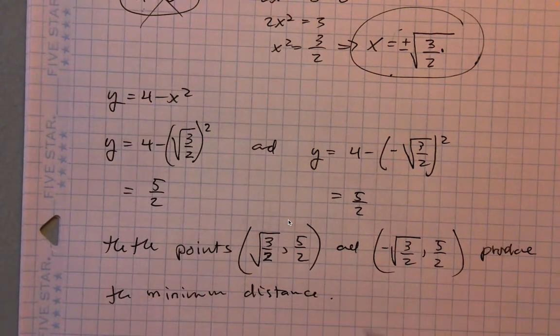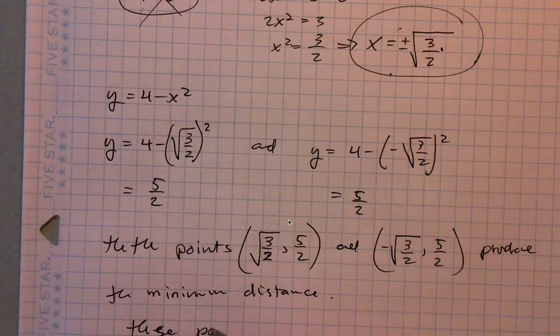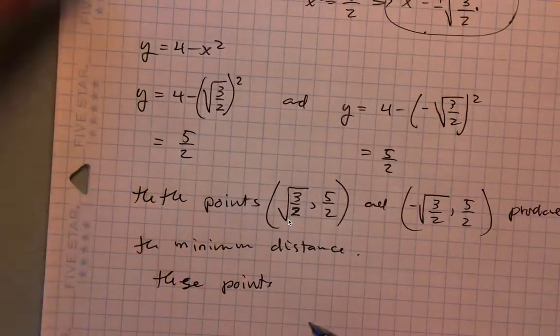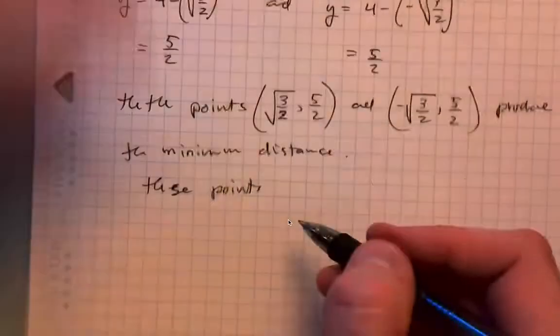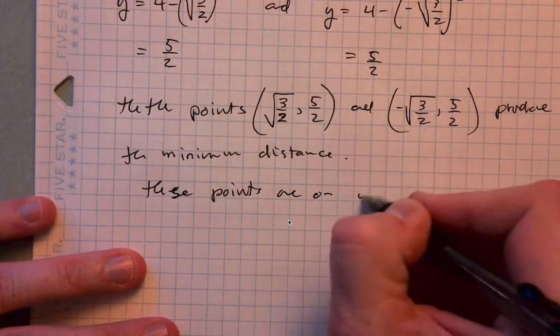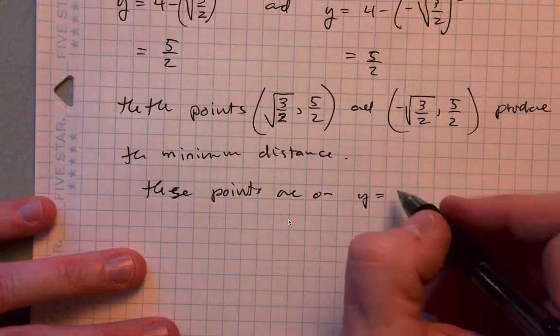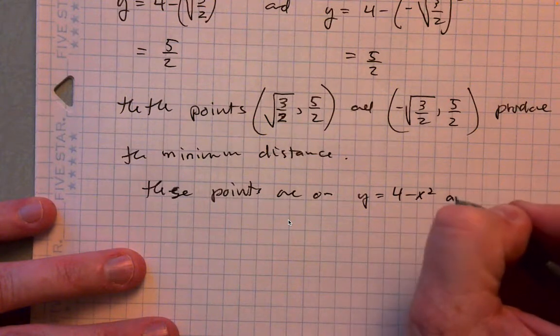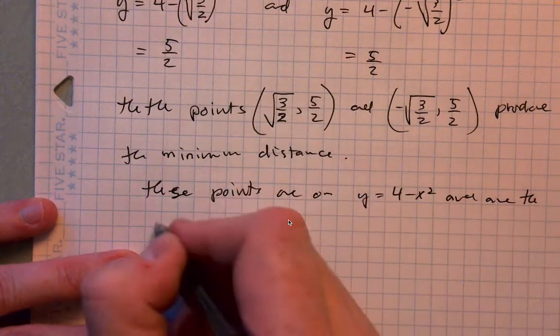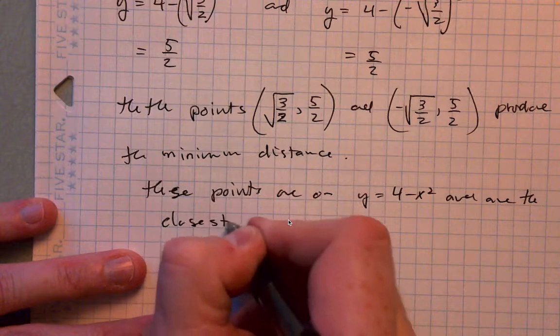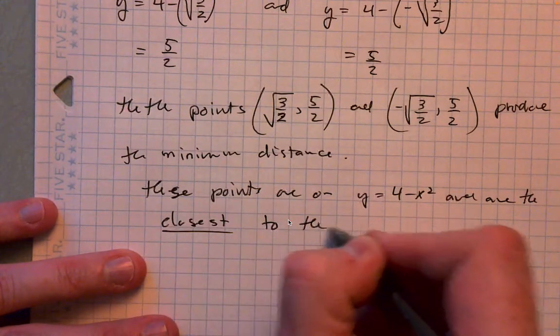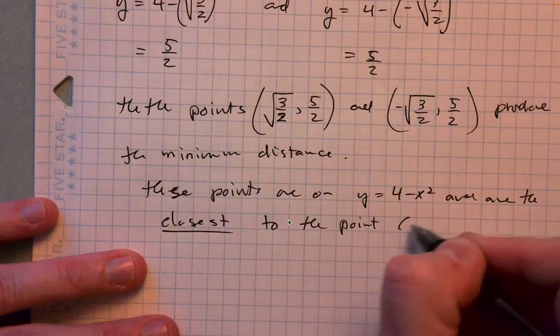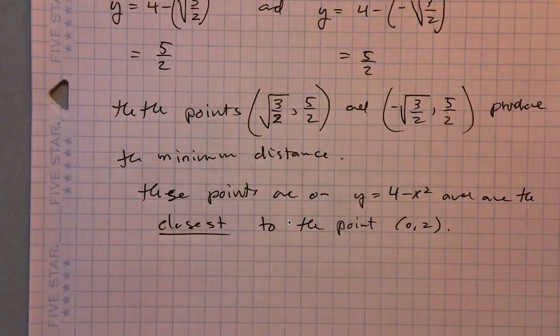Okay, so basically these points are on y equals 4 minus x squared and are the closest to the point 0, 2. Okay. So those are your points. Very good.